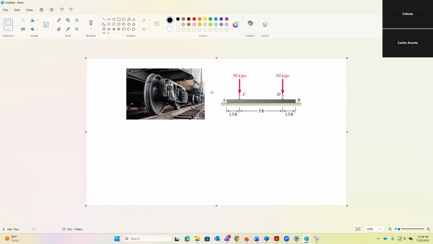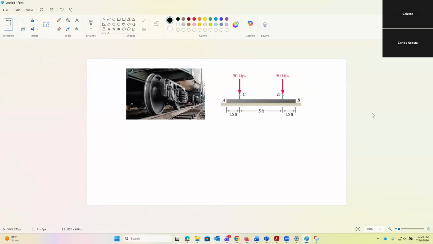Okay, when they're designing their railroad, they have to put a base that is going to be supporting the beams, and then they put the actual rail, right? The I-shaped beam. So you have three components: the ground, the beam, and the rails.